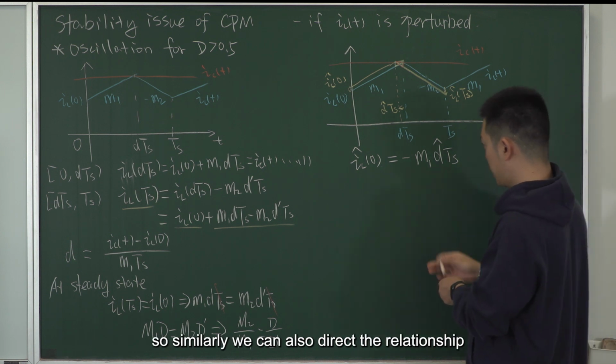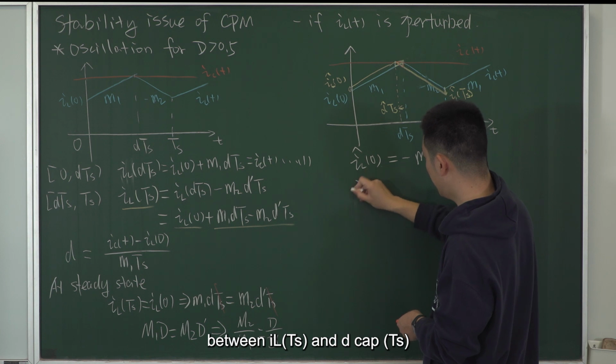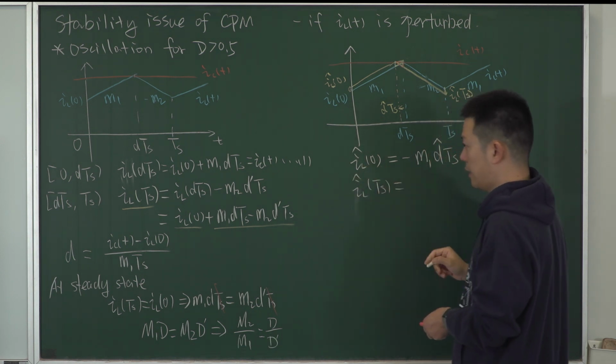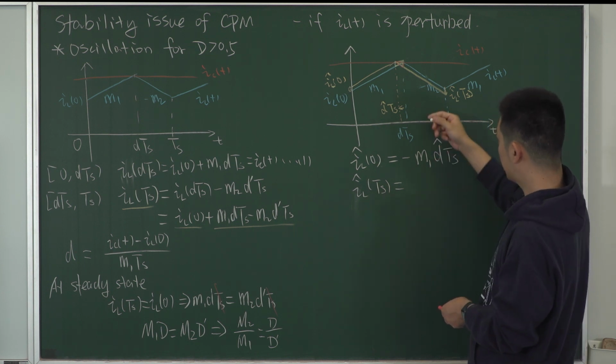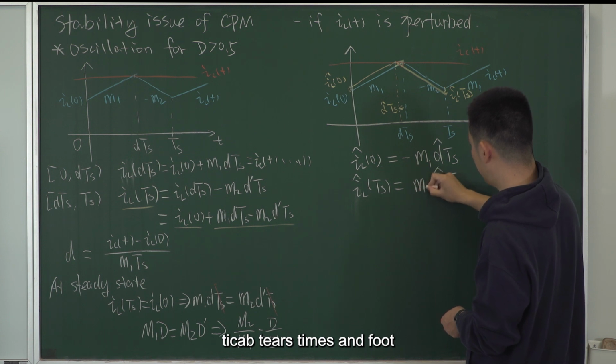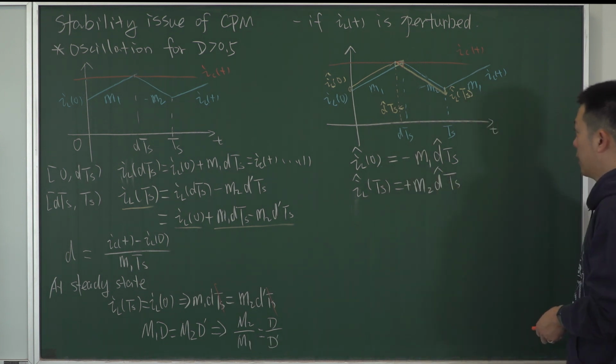So similarly, we can derive the relationship between IL cap Ts and d cap Ts times M2. Here it is a positive sign, right? Positive sign.